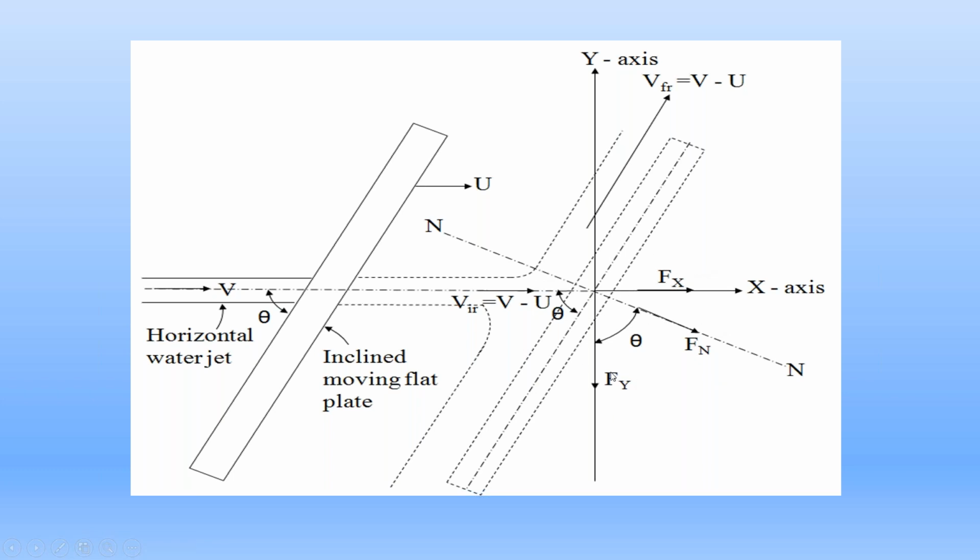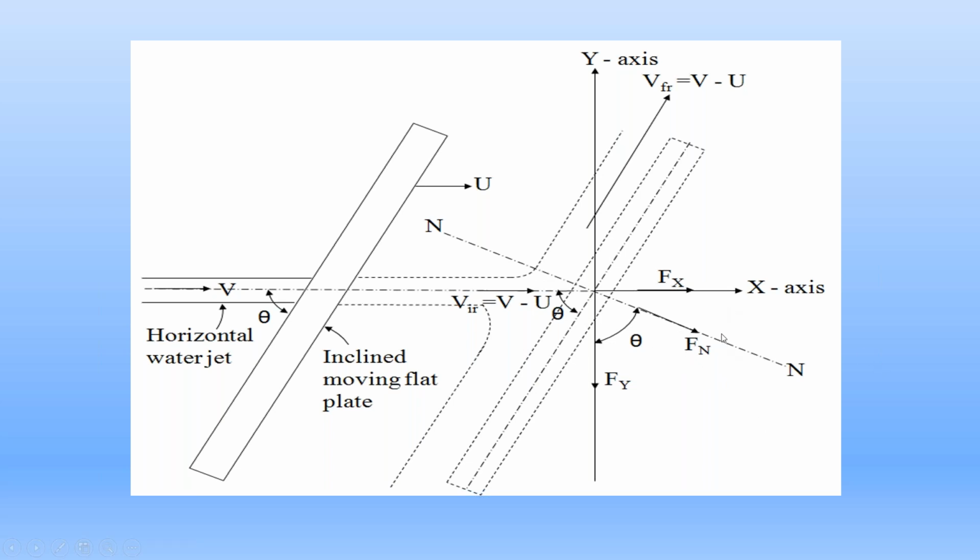You know that according to Newton's second law of motion, the force Fn is equal to the rate of change of linear momentum of the water jet in the direction of force Fn. That is Newton's second law. So, to prepare the equation for this force Fn, dear students, please listen carefully.